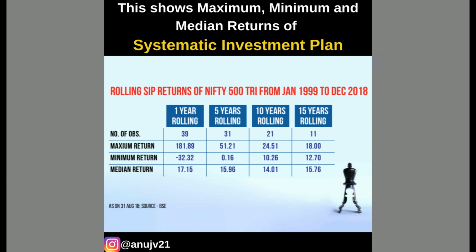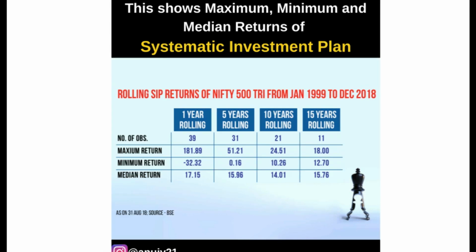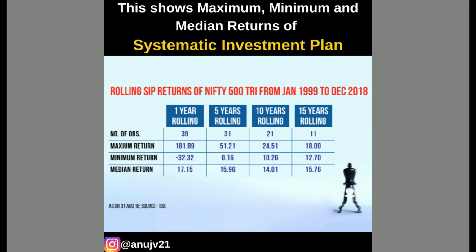Now let's understand 5 years of rolling return. Here we have taken 31 observations. Maximum return is 51.21% and minimum return is 0.16%. So the difference between minimum and maximum has decreased a lot compared to 1 year of rolling return.